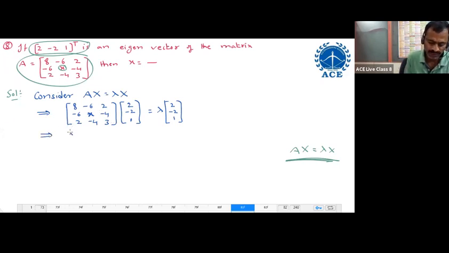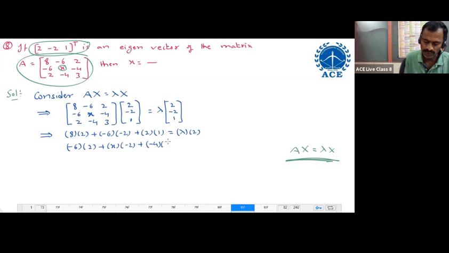The first equation is 8 into 2 plus minus 6 into minus 2 plus 2 into 1 equal to lambda into 2. From this we directly get the lambda value. From the second equation, minus 6 into 2 plus x into minus 2 plus minus 4 into 1 equal to lambda into minus 2. Now solving these, we get the x and lambda values.